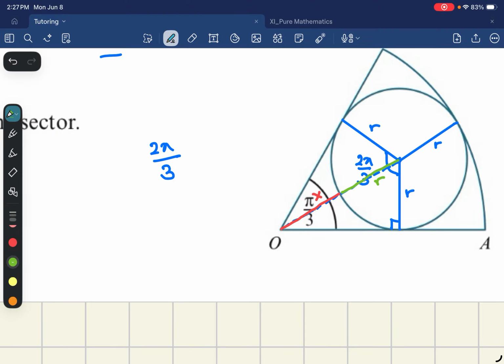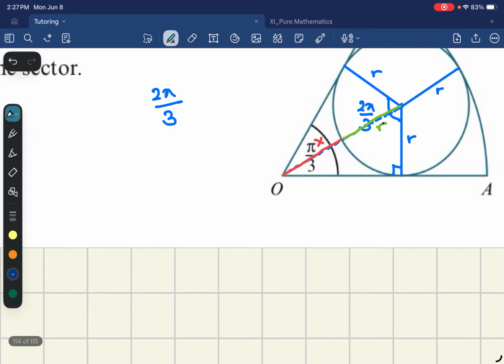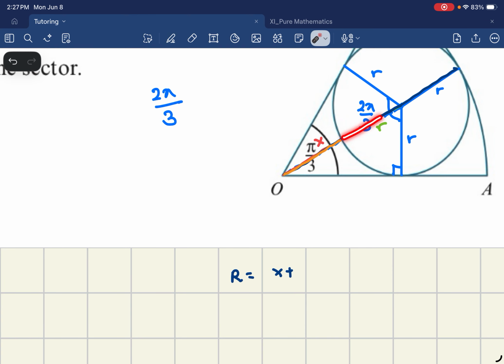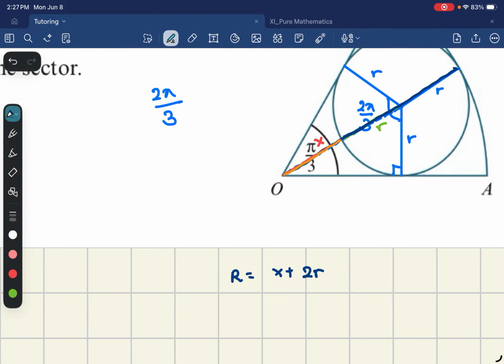This part is just my capital R. And if you think about it, the whole thing is just the radius of my sector. So capital R is x, which is this part, and then I have 1r here. I have r plus r. All right, so r plus r is just 2r.